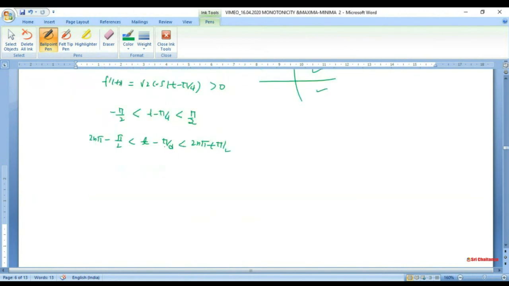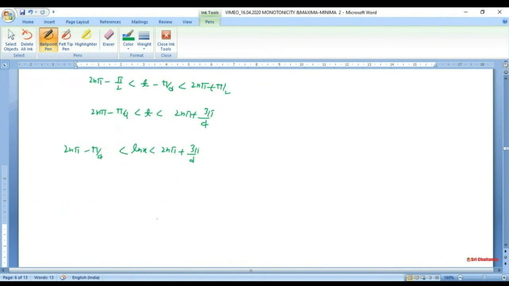I can bring this π to this side, so I get 2nπ − π/4 < t < 2nπ + 3π/4. But remember, my t is not x, my t was ln x. So I'll write ln x between 2nπ − π/4 and 2nπ + 3π/4.